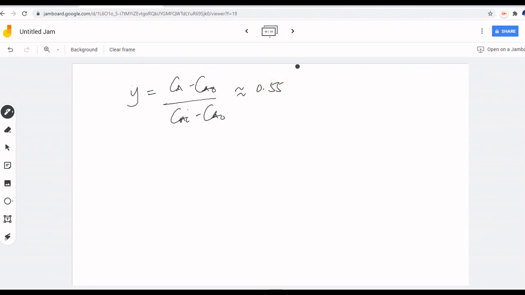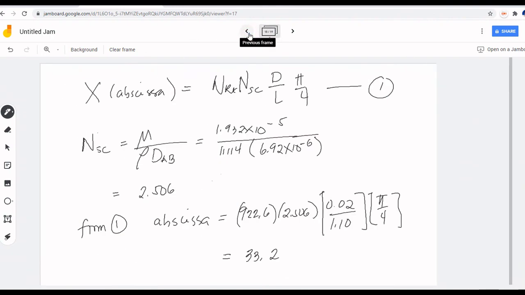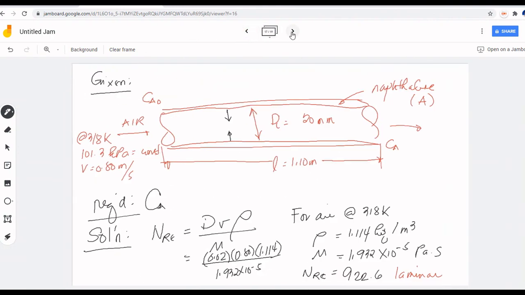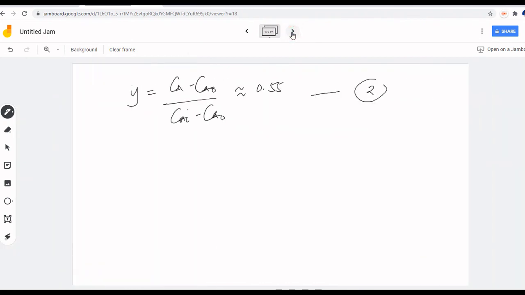Then we will substitute the initial concentration that is given in the problem, and that's the inlet concentration in this case, and the boundary concentration in the interface, so that we can solve for the C at the exit. Now, this is our equation 2 for now, since we still need to determine your CAI. Okay, so we only have so far equation 1. So for our equation 2, this would be this.